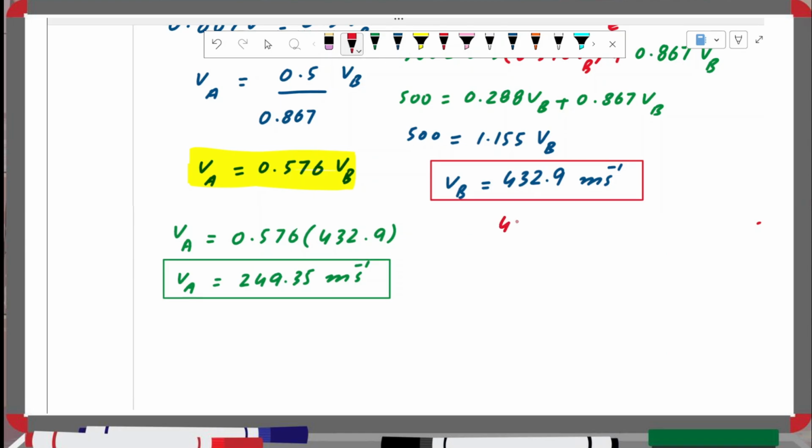So the first one would be 430 meter per second, and the second one would be 250 meter per second. So 2SF would be fine, 3SF would also be fine, but never leave the answer in 1SF and never leave the answer beyond 4SF, or not even in 4SF unless you have to.